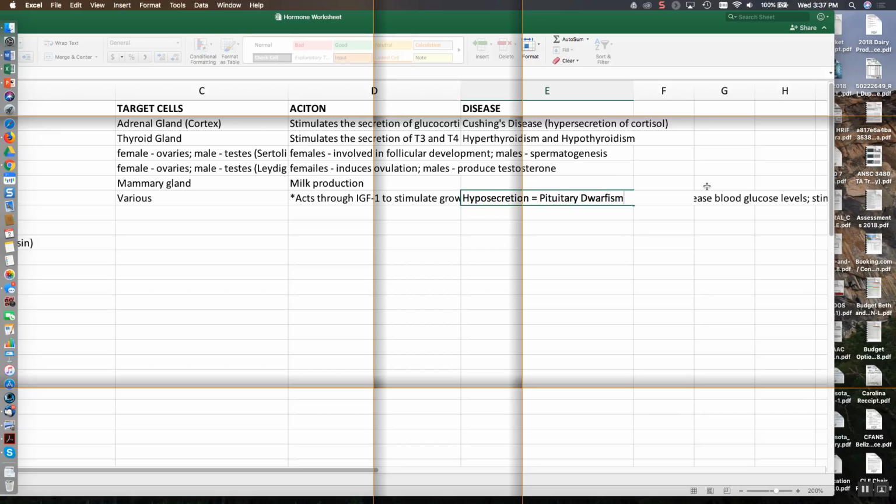With pituitary dwarfism, they have a juvenile appearance, but they're completely proportional. They're only about 3 feet tall, though, okay? And that doesn't really happen anymore. So pituitary dwarfism is what happens with hyposecretion. Hypersecretion would be gigantism.